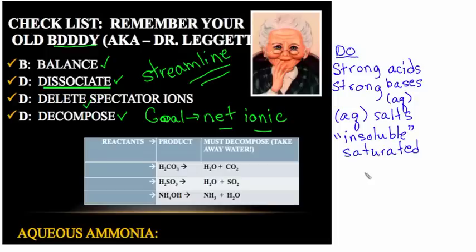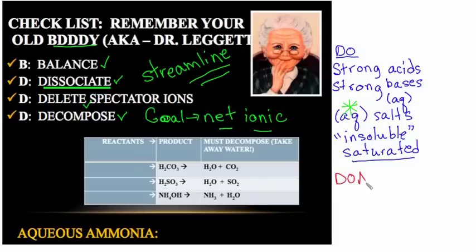So there may not be much of it in the solution, but there is still some present. You might come across that as well. But any word like solution or saturated would give you that indicator that we're dealing with an aqueous environment. At that point, we would dissociate into the constituent ions.